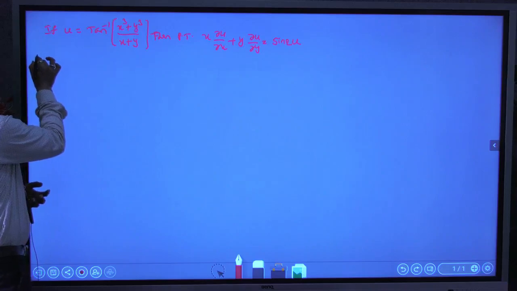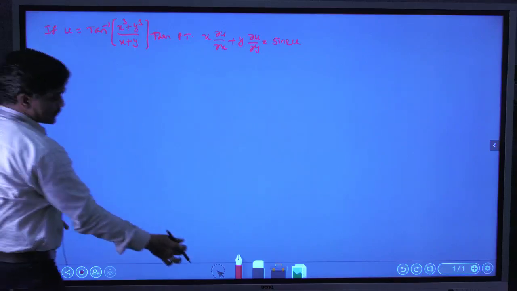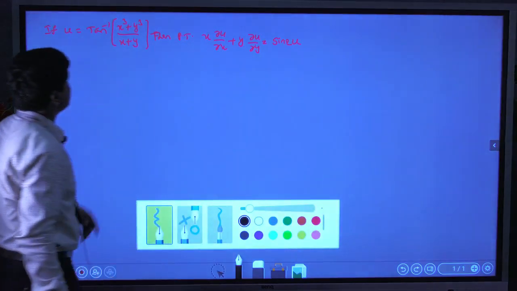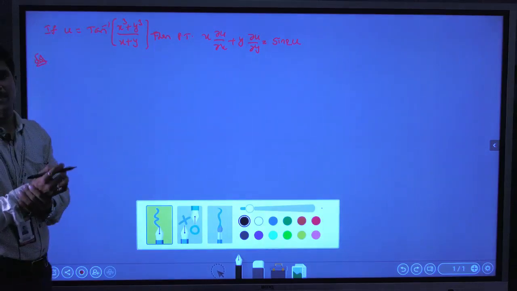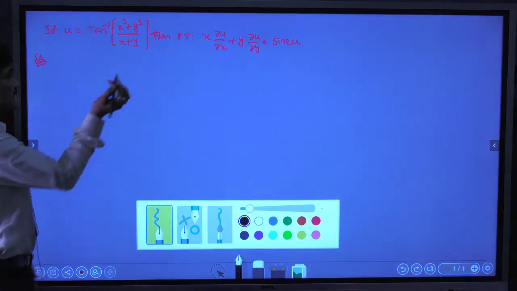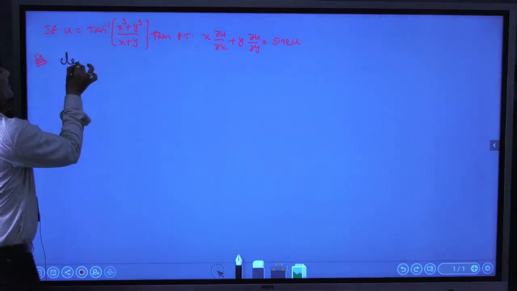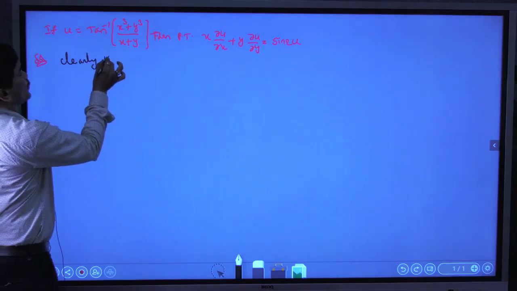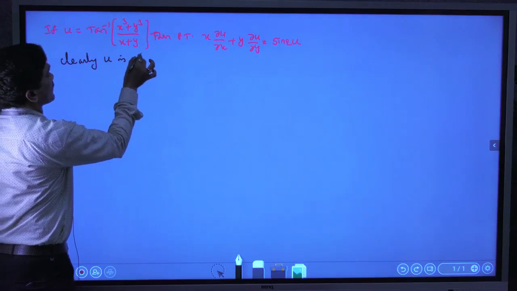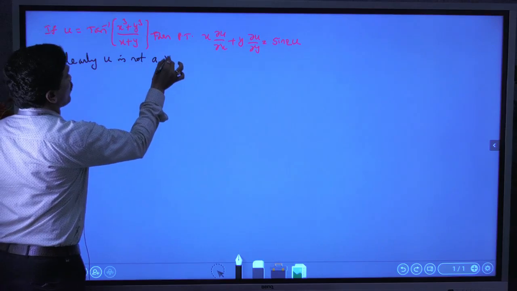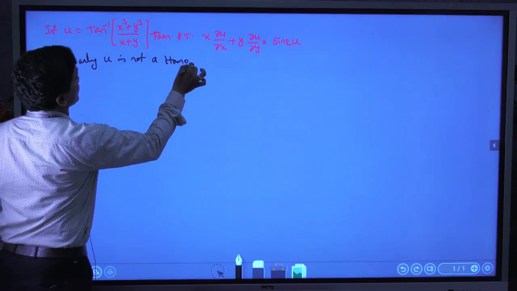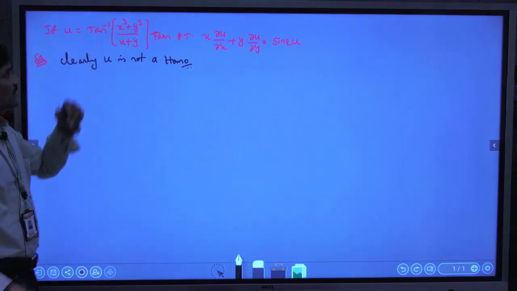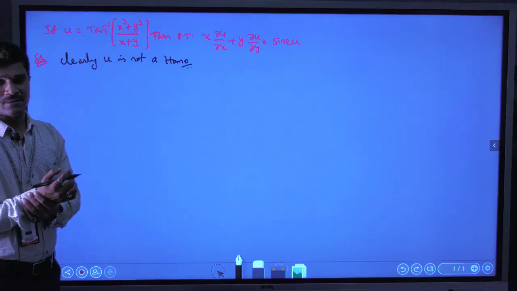So consider this one. Here u is equal to tan⁻¹((x³ plus y³)/(x plus y)). Here clearly u is not homogeneous.